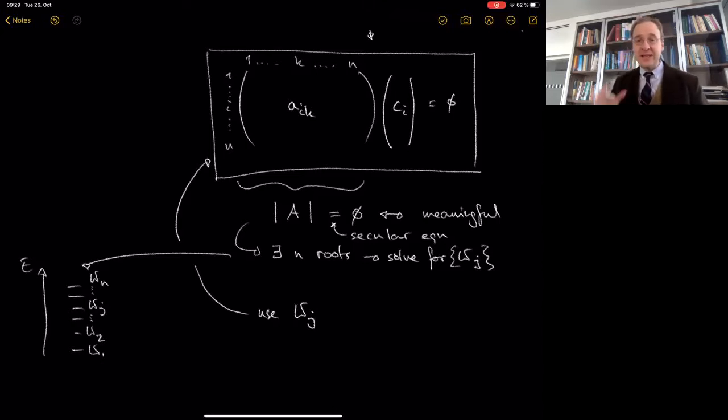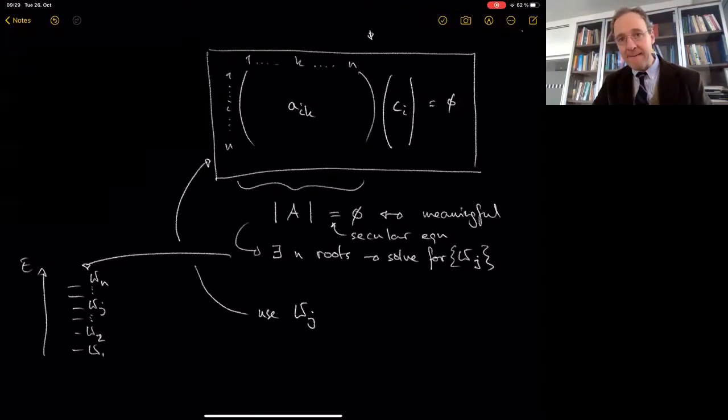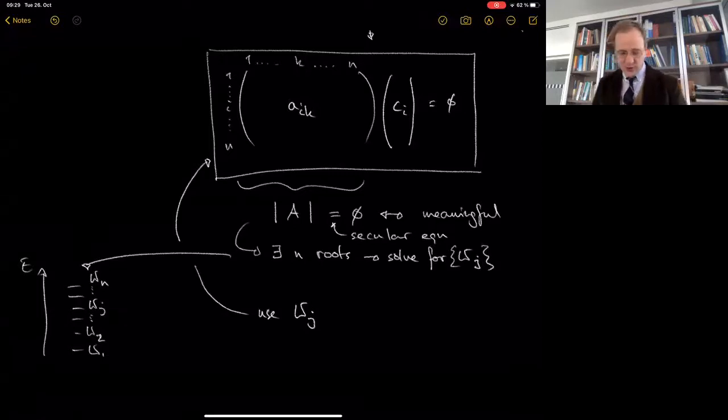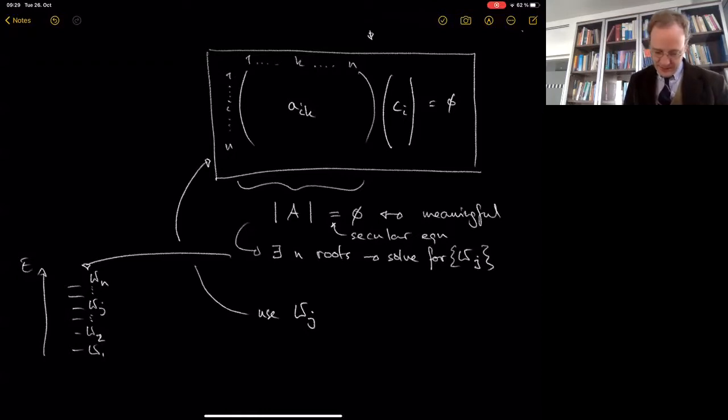And then the entire A_ik matrix is known. And hence you can solve for your coefficients. Okay. But this means, of course, that you will have coefficients for each wave function.